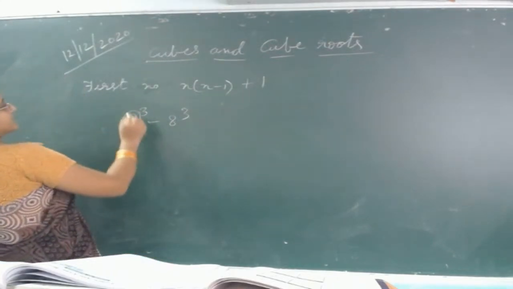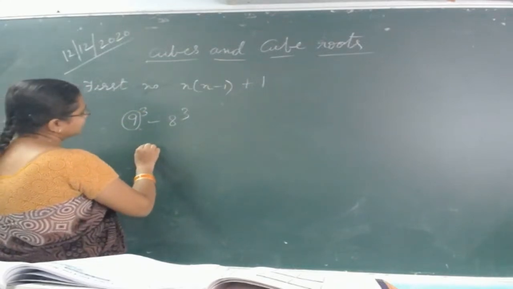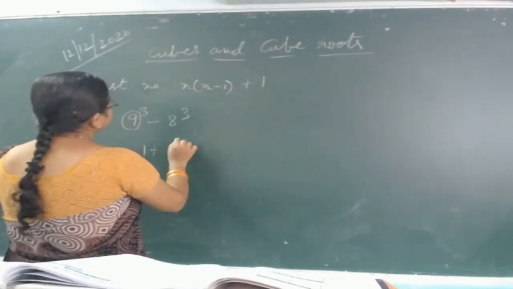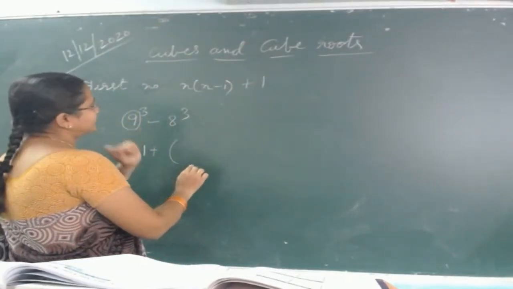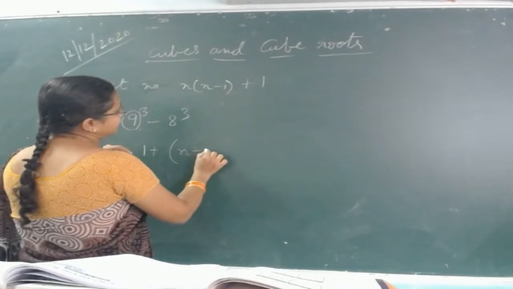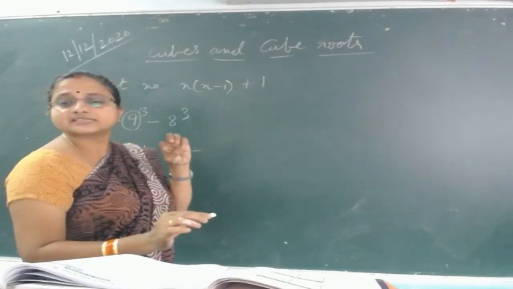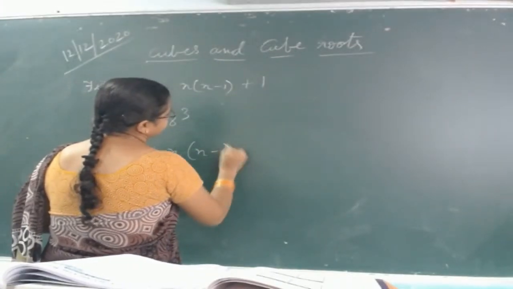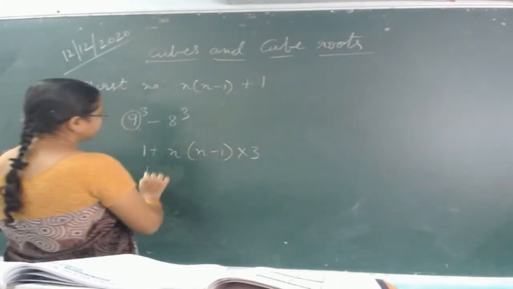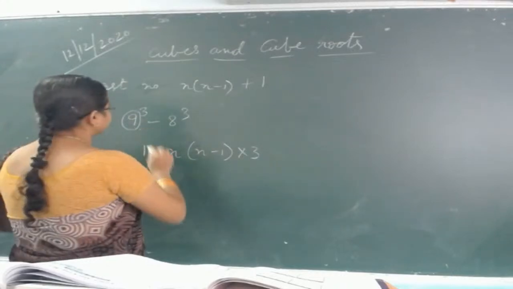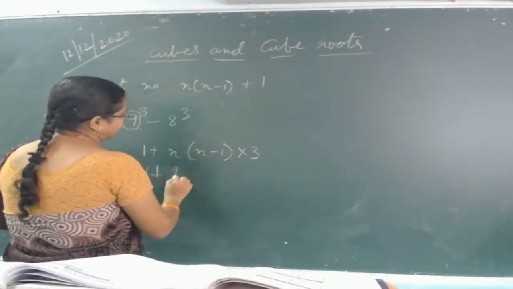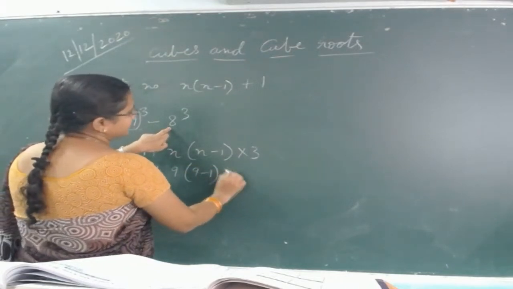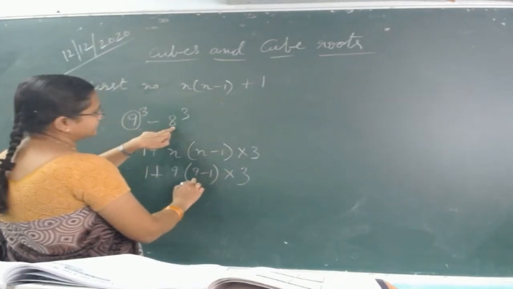Here, for finding the value of 9 cube minus 8 cube, the formula is 1 plus n into n minus 1 into 3. Here n is 9, and you can write 8 as n minus 1, that is 9 minus 1, which is 8.